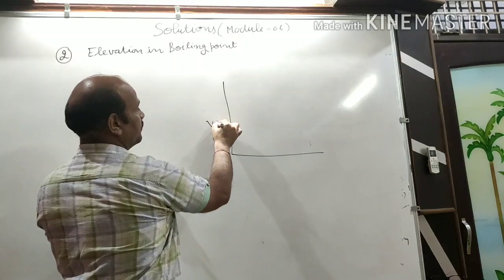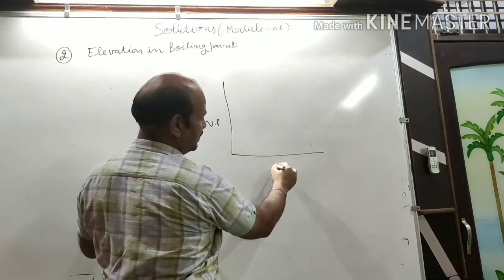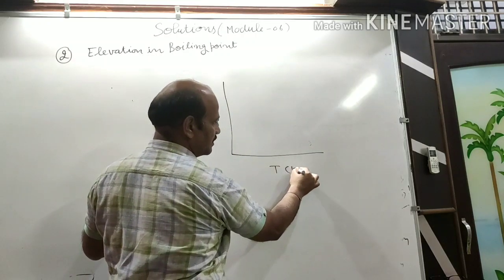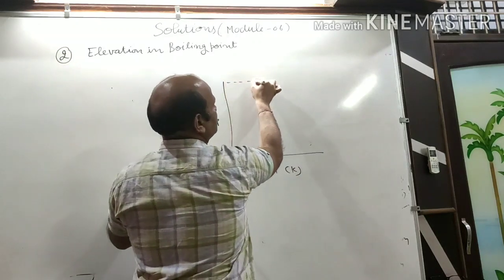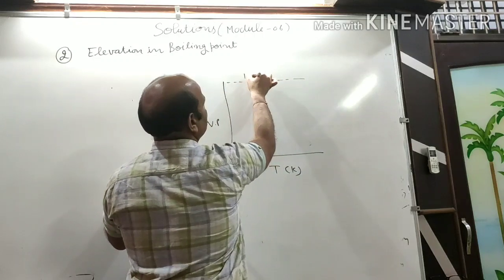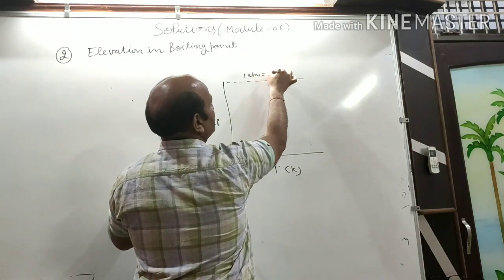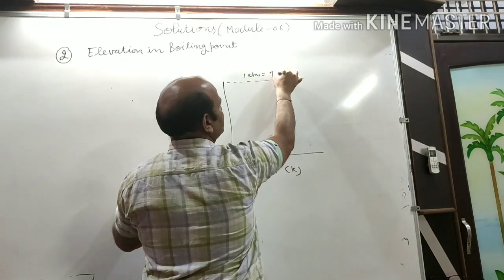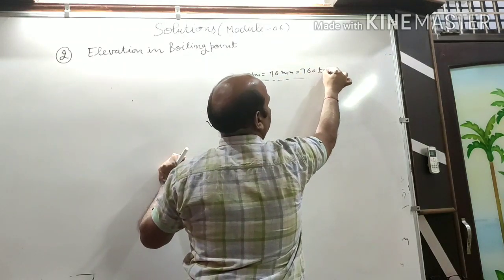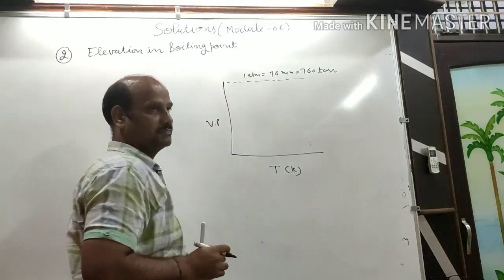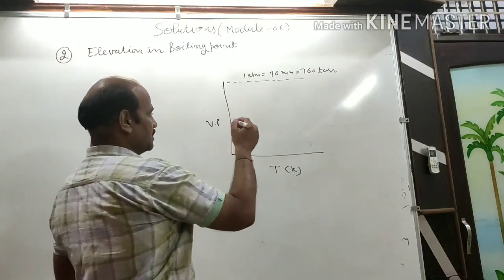This side we take vapor pressure. This side we take temperature in Kelvin. And here this is atmospheric pressure, and this 1 atmosphere is equal to 760 mm, or 760 torr also you can write. This is atmospheric pressure.